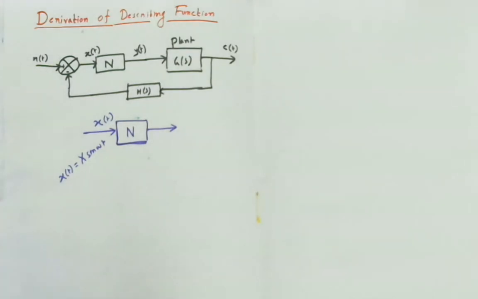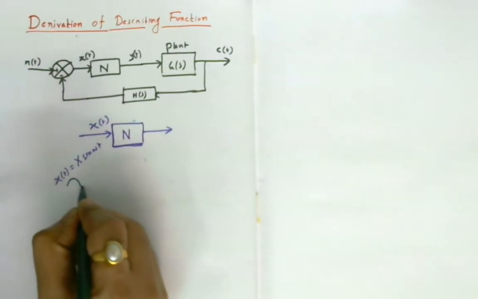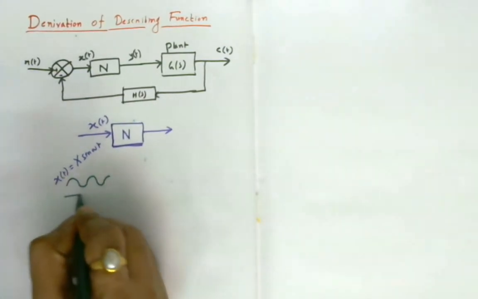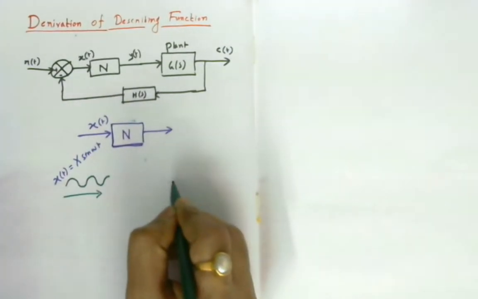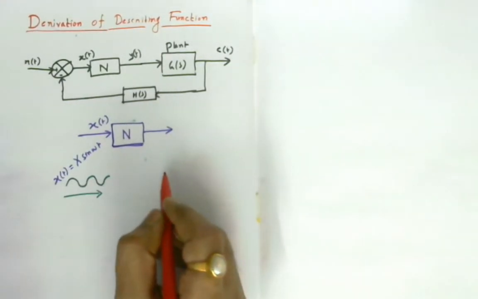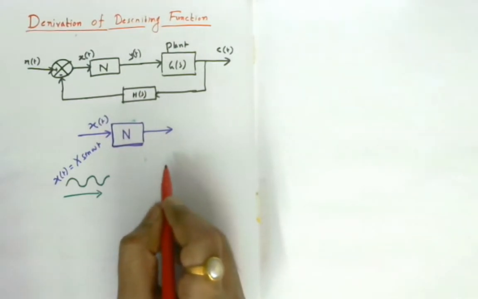For the time being, to let you understand the concept behind it, I am applying here a sinusoidal input. What is my output? As I have already said, the shape of the output waveform from the nonlinearity depends on the type of the nonlinearity.